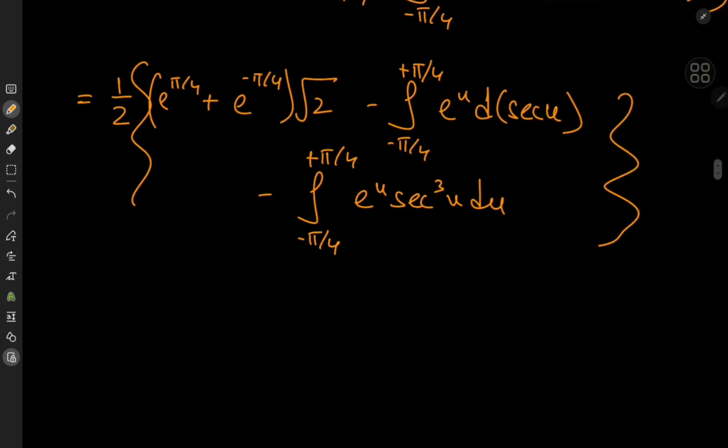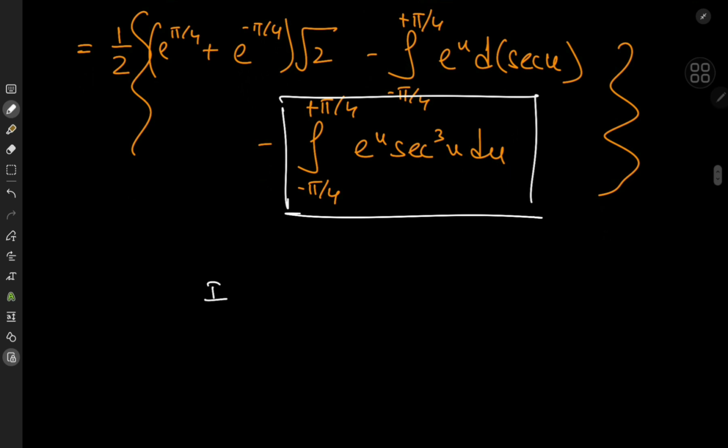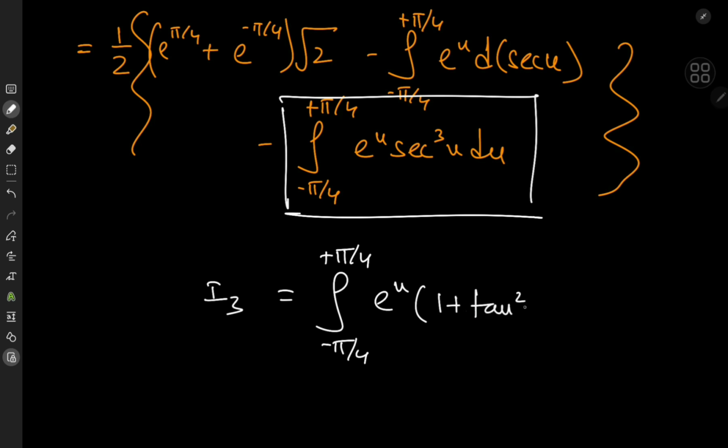Okay, now what? Let's turn our attention to this integral here that I'm going to call I sub 3. So we have the integral from negative to positive pi by 4 of e to the u times the cube of the secant. We can expand that as secant squared times secant, or equivalently 1 plus tangent squared u times secant u.